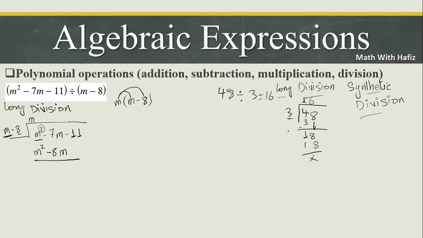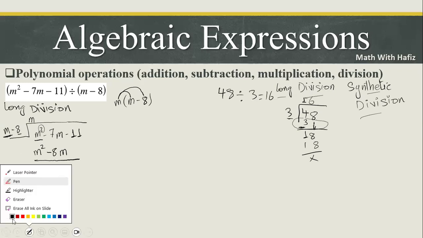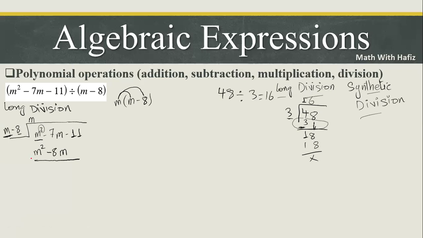Just recall when you used to divide, you used to change the sign or subtract. So here you will change the signs. Let me change the color so it will be easy to understand. It was positive, so I change it to negative. It was negative, so I change it to positive.